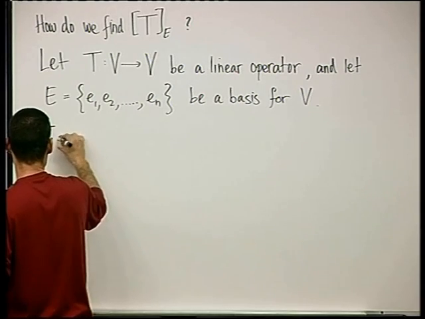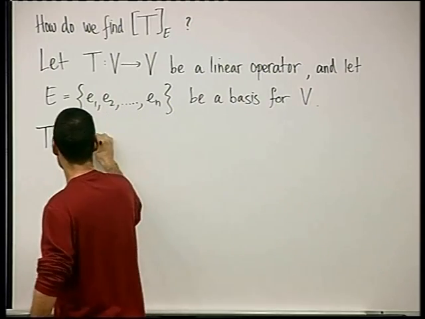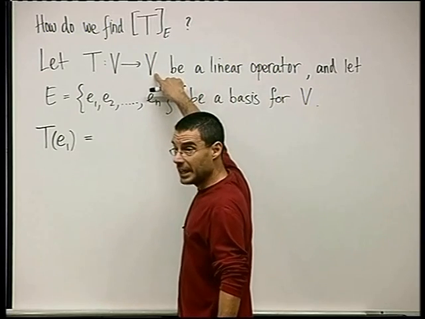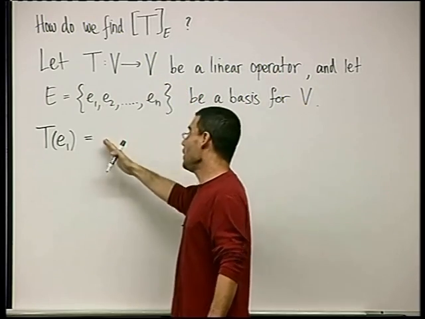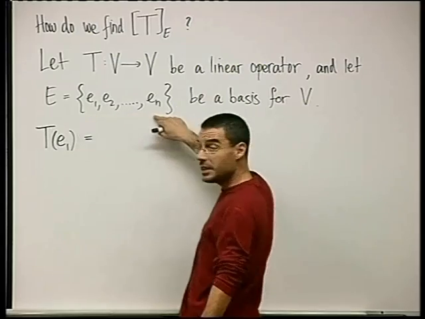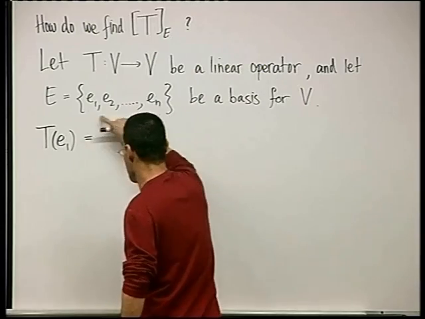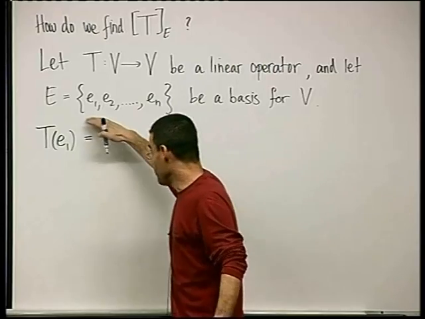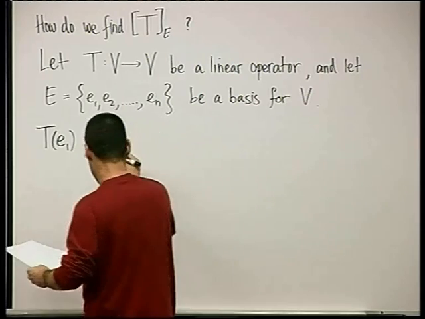Take T of E1. T of E1 is going to be an element in V again. I can call it W1, but the point is that I can write it as a linear combination of these guys. Whatever T of E1 is, previously called W1, now I'm going to write it as a linear combination of the EIs, and the coefficients I'm going to give specific names.